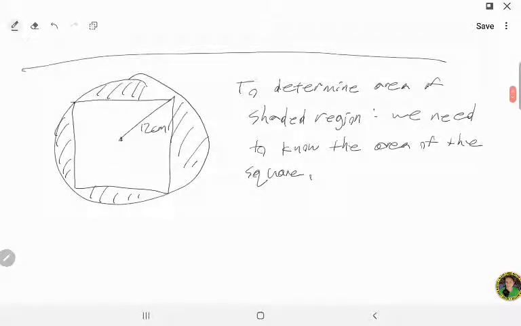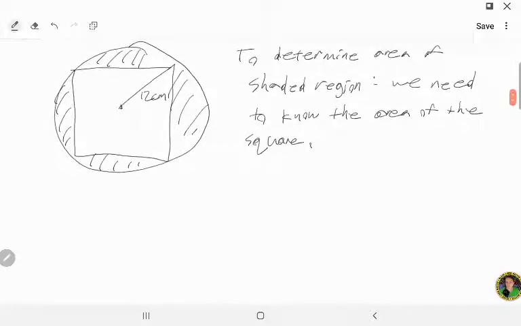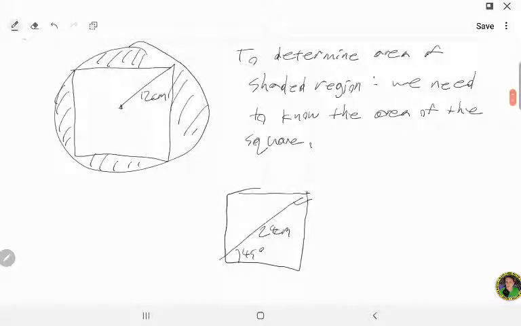Once again, we're back to trigonometry. We notice that the circle has a radius of 12. So now we notice that the square has a diagonal of 24 centimeters. We also know that the triangle formed by the diagonal has an angle of 45 degrees. And because it's a square, we know it's a right triangle. So now we know the height of that square.